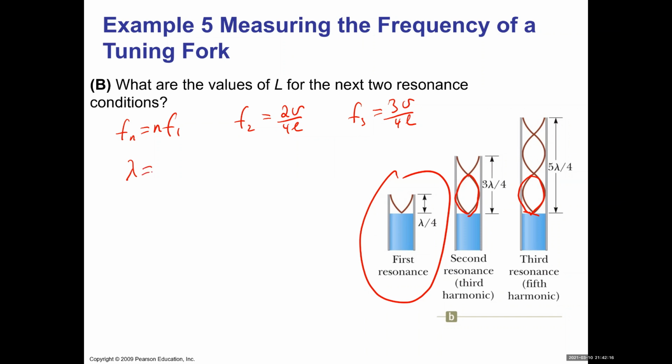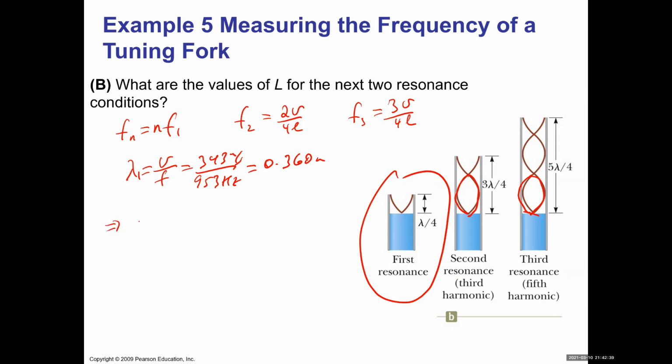We can find the wavelength for the fundamental, which is velocity over the frequency, 343 meters per second over 953 hertz. So we get 0.360 meters. That's lambda 1, which means the wavelength for the first resonance.